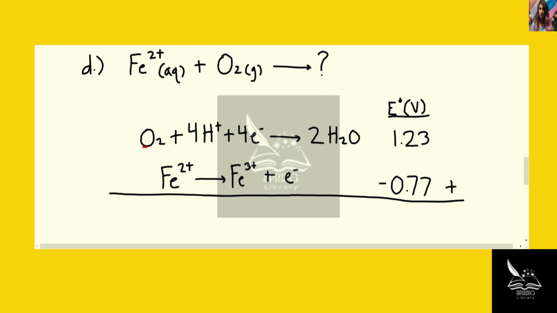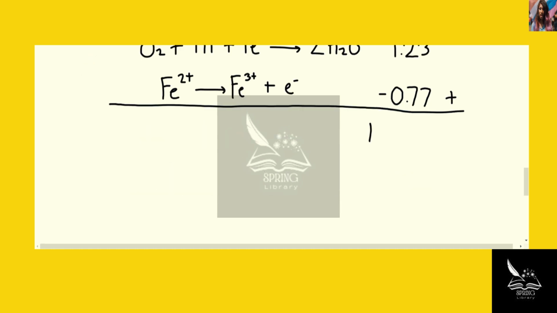We know that oxygen is being reduced to water, and iron is being oxidized from Fe2 plus to Fe3 plus. This time when we calculate the cell potential, we see that it comes out to a positive value of 0.46 volts, meaning this reaction will occur since it is spontaneous.